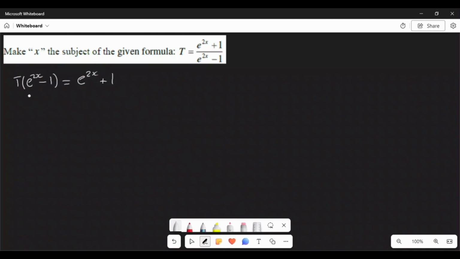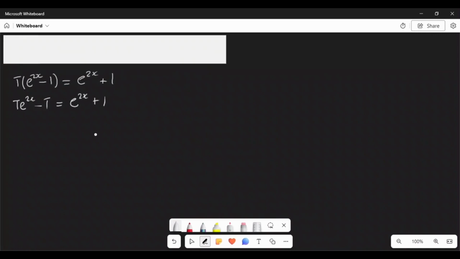From there you get rid of the brackets. So let's get rid of the brackets. So the first term is going to be t multiplied by e to the power of 2x, and then t multiplied by 1 is going to be t, and this one here, there's nothing we can do at the moment. Just write it as it is on the right hand side.